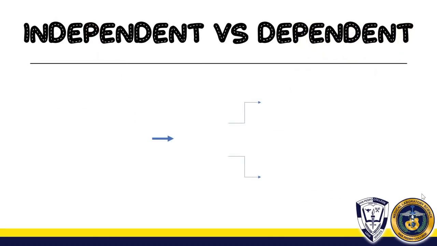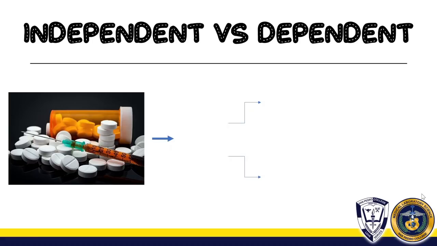Now, before we proceed to explaining each type of Wilcoxon test, I want to emphasize the difference between your independent and your dependent samples. So let us consider this one. Let us consider a drug company that wants to test the effectiveness of a new drug in terms of reducing blood pressure. So we have one volunteer.